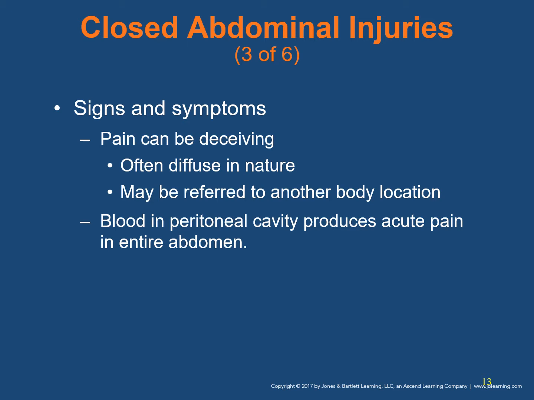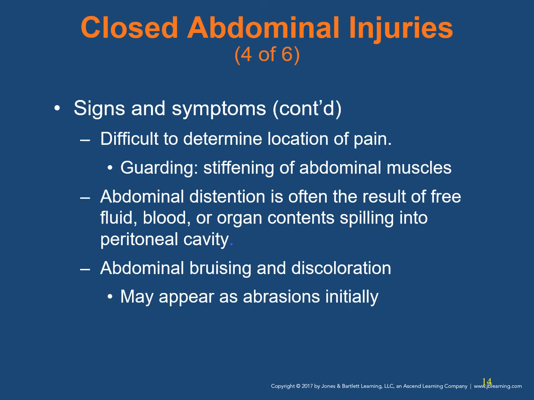Blood or fluid in the peritoneal cavity produces acute pain in the entire abdomen. Pain spreads as blood or a contaminant seeks out the voids in the peritoneal cavity. Often a jarring motion, rebound tenderness, or a Blumberg sign will alert the provider to peritonitis, or inflammation of the peritoneum.